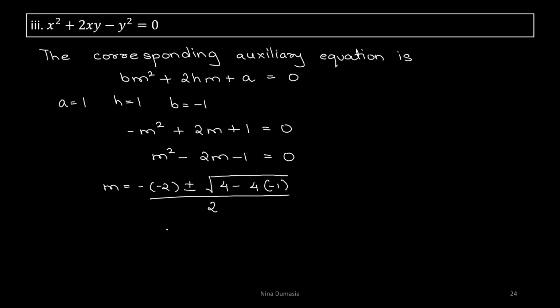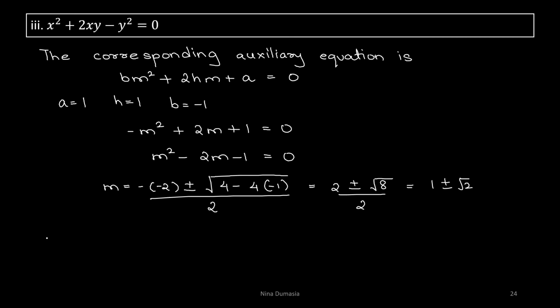But here the value of a is 1, so it is just 2. Now this is equal to 2 plus minus square root of 4 plus 4, that is 8, divided by 2. From this we can take 2 out, write 8 as 2 root 2, and then that 2 cancels. So this is 1 plus or minus root 2. Fine. So now we have got the slopes.